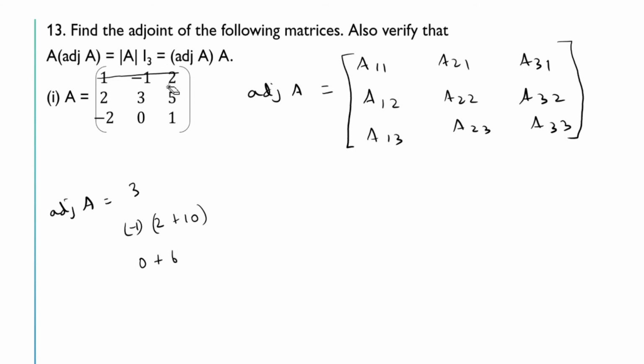Now A21, delete the second row and the first column and take the determinant with the negative sign. So it is minus 1 minus 0. Then A22, delete the second row and the second column and take the determinant. So 1 plus 4. Then A23, delete the second row and the third column, take the determinant with the negative sign. So it is 0 minus 2.